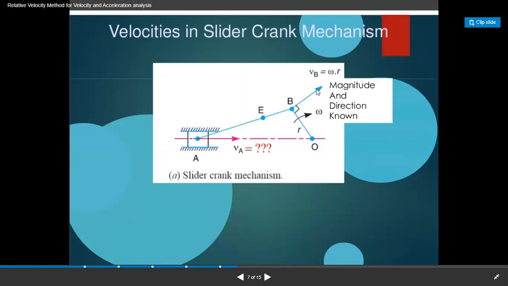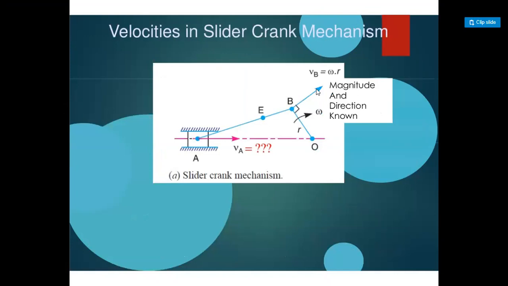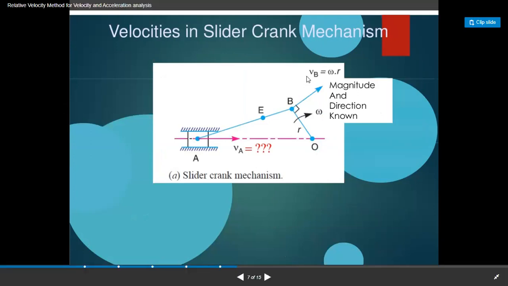Now next, this is the other diagram in which we have to find the relative velocity of points B, O and A, right? So in this diagram, we have the velocity of B. How? Because the angular velocity omega OB is given, and the length of OB is given as R, the radius.